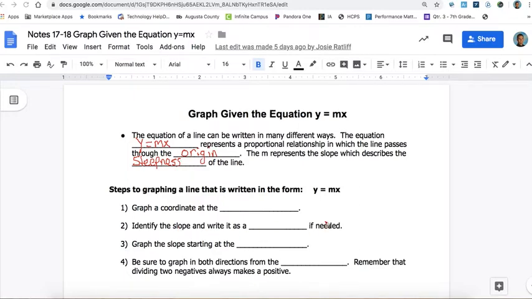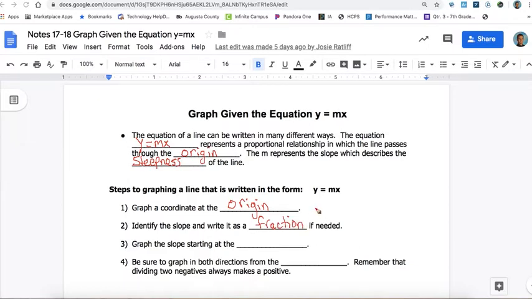So here are the steps that I would like you to follow for graphing a line that's written in the form y equals mx. First, graph a coordinate at the origin, because if it's a proportional relationship, I know it's going to be going through the origin. Second, identify the slope and write it as a fraction if needed.